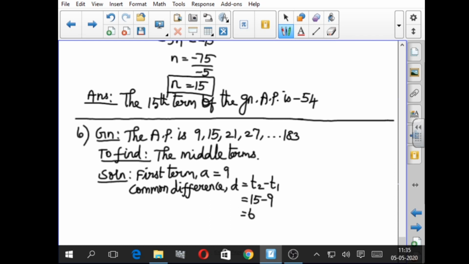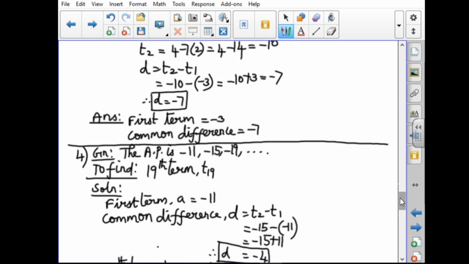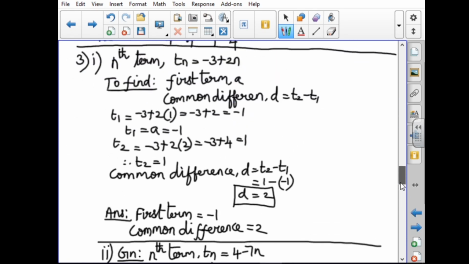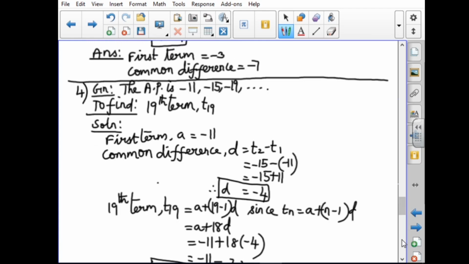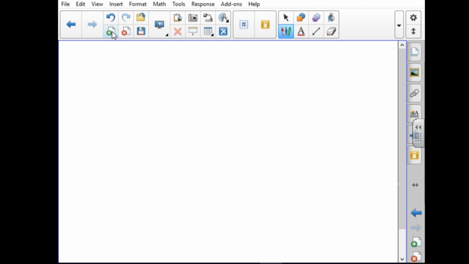We have to find the number of terms. The last term, it is denoted by the symbol L, that is given as 183. We have to find the number of terms.